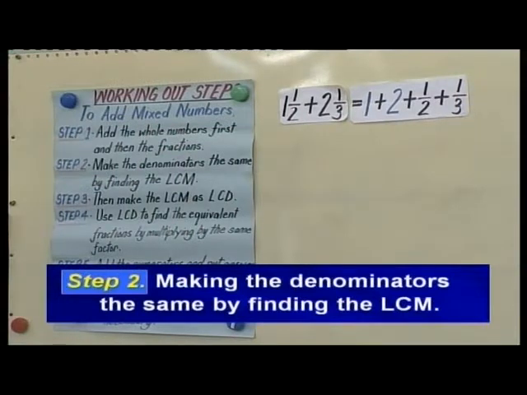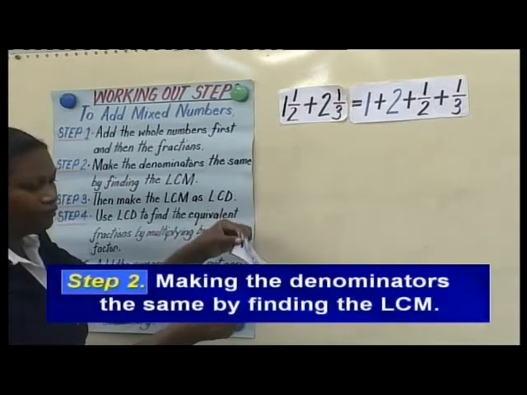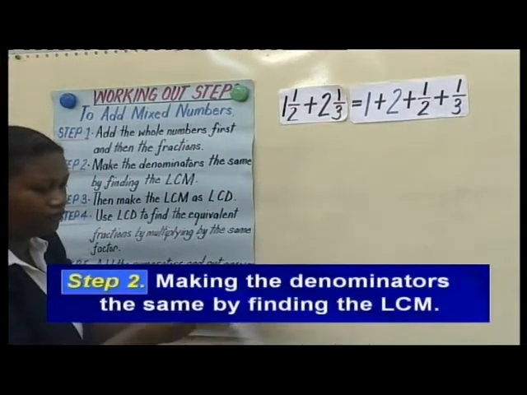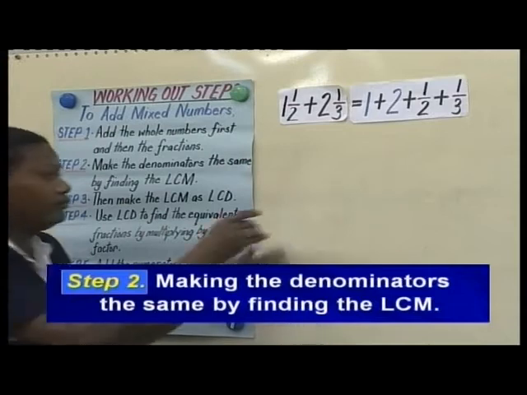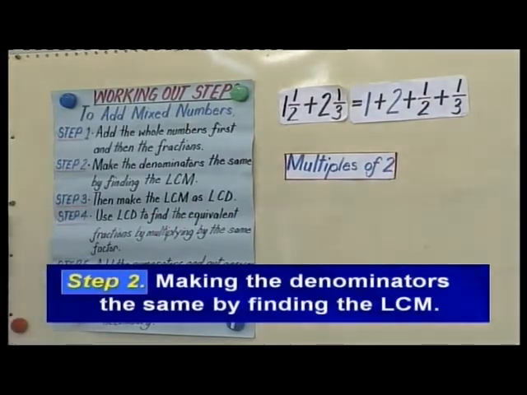Now I'd like multiples of 2. Can I have somebody come up to the board and give me 5 multiples of 2? Thank you, Minol.